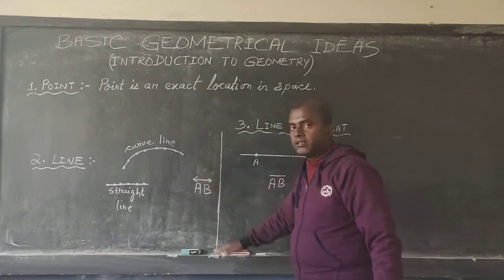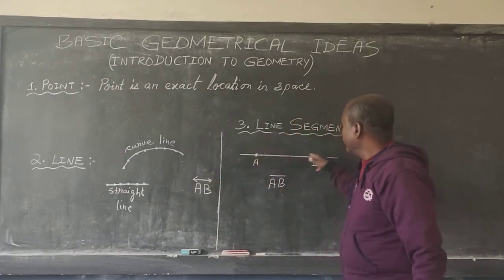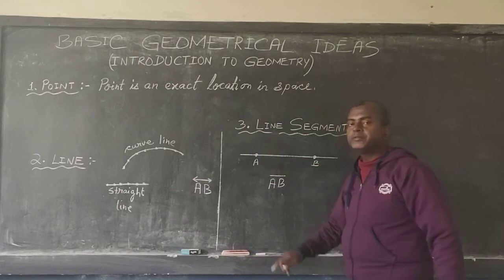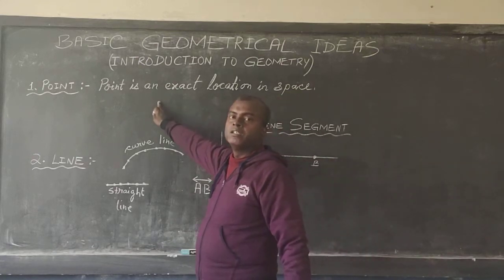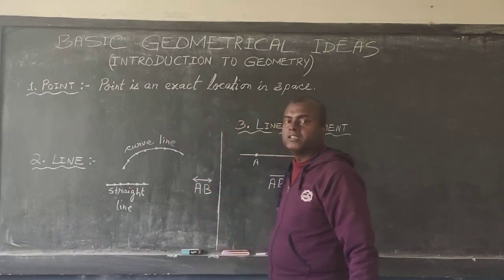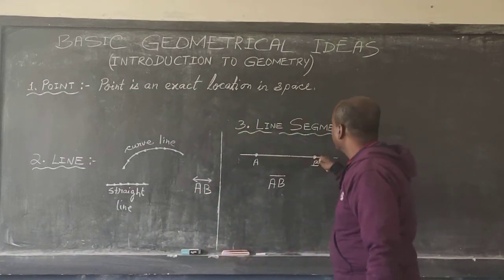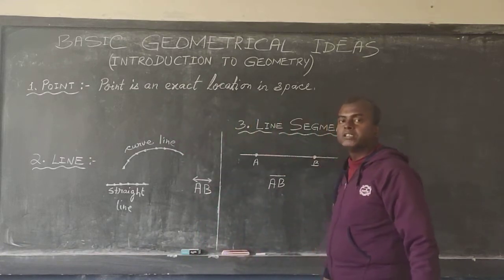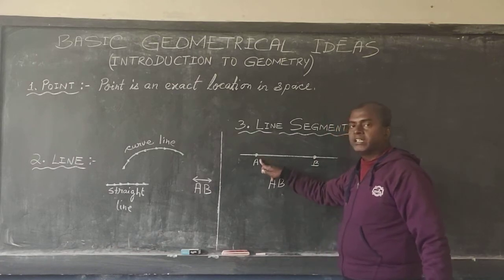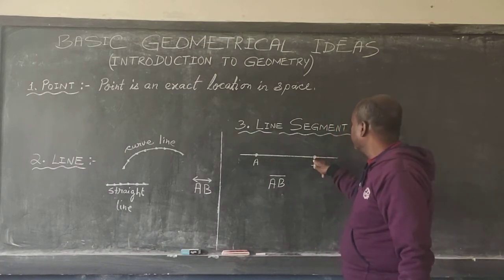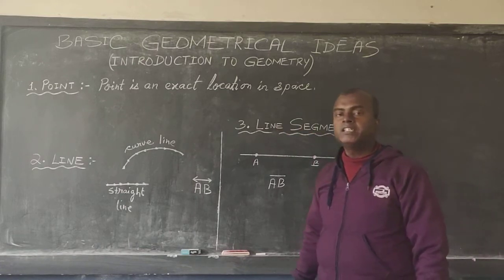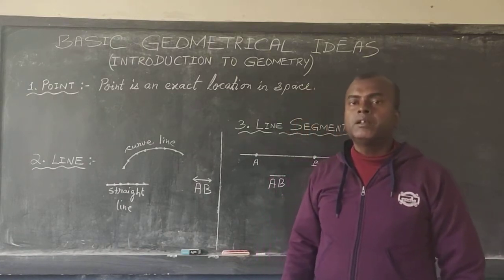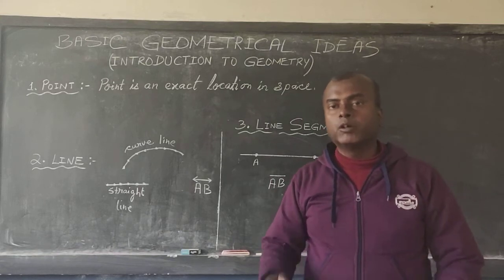Okay, that's a line. In that particular line, if we take 2 specific points, remember, 2 specific locations in space are called points. So here are 2 specific points on this line. This point is taken as the starting point. This point is taken to be the ending point of this line segment. Line segment means a small piece of a line, a small part.